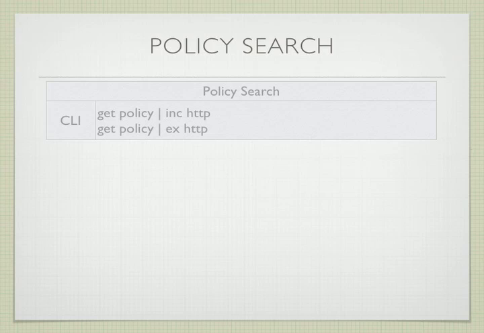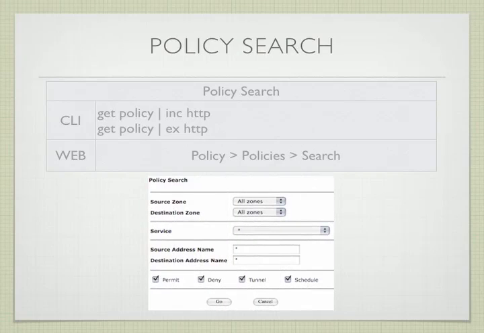You might have 100 or 1,000 rules in a large firewall. You can use this pipe include exclude to narrow down your list of policies to identify the policy number that you want to take a look at. On the web, there's a search function within policies, which you can then designate all kinds of restrictions, from zone to zone, services, etc., and search for the policy you think is involved in the traffic you're troubleshooting.